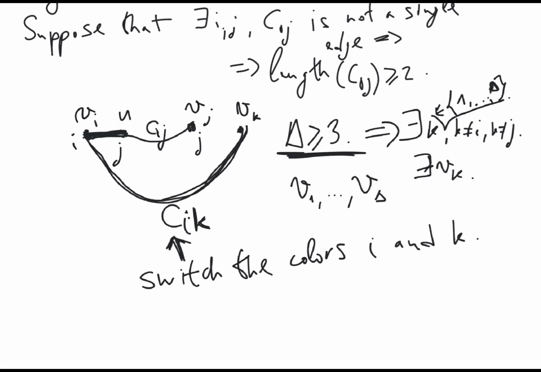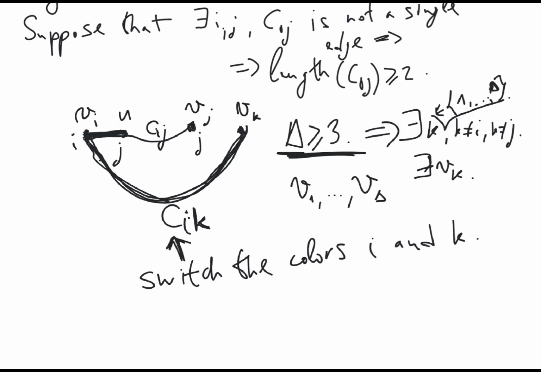The whole connected component is this path, and the colors alternate on it. If we switch the colors, the coloring still would be proper.